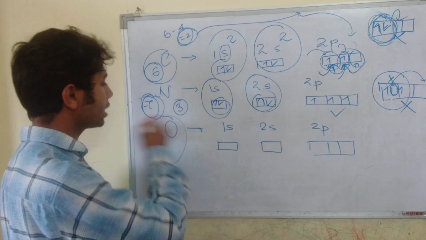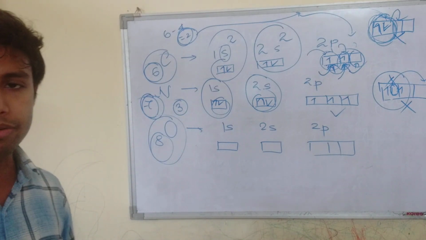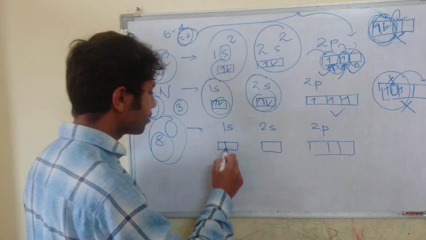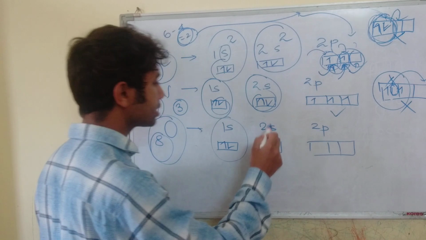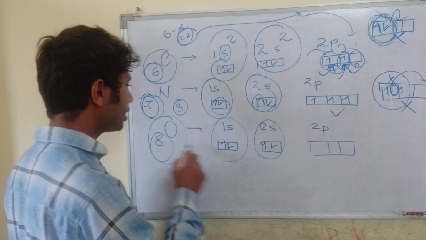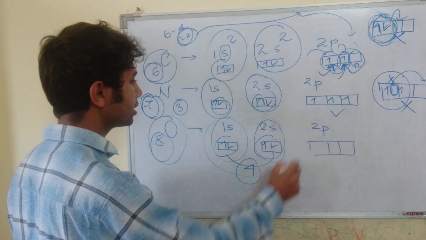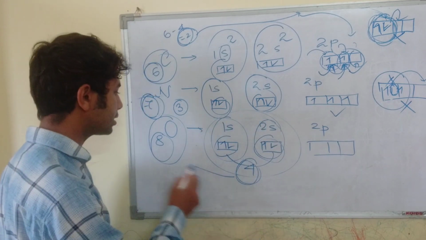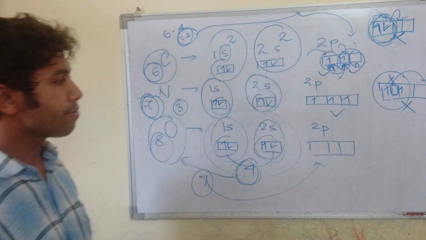In the case of oxygen, 8 electrons are present. We put first 2 electrons in 1s, 2 electrons in 2s, and the rest 4 electrons we give to 2p.